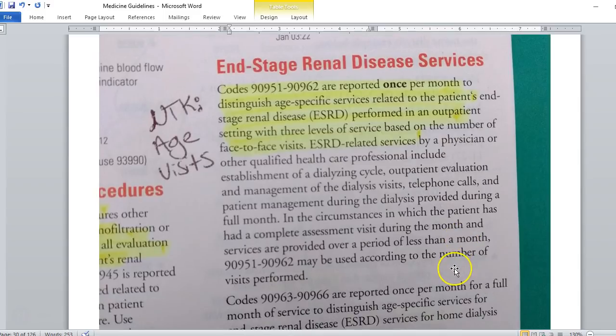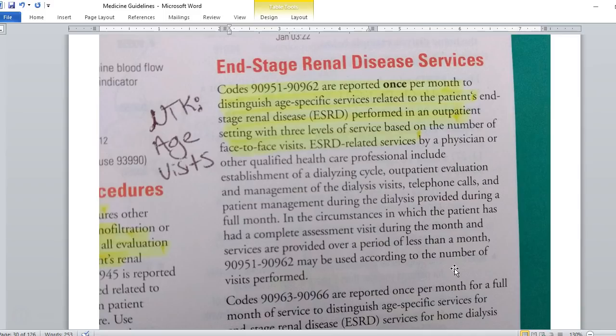When it comes to the actual end-stage renal disease services, so these are people who are statused as end-stage renal disease as their main diagnosis for dialysis. So codes 90951 to 90962 are reported once per month to distinguish age-specific services related to the patient's end-stage renal disease performance in an outpatient setting with 3 levels of service based on the number of face-to-face visits.